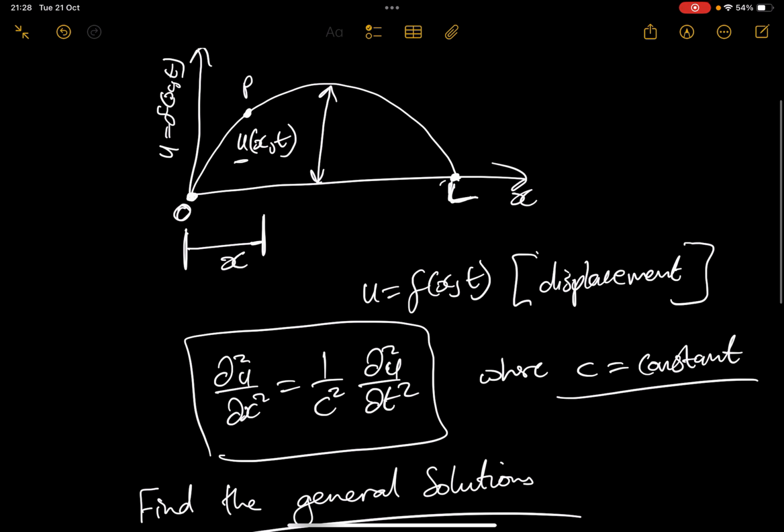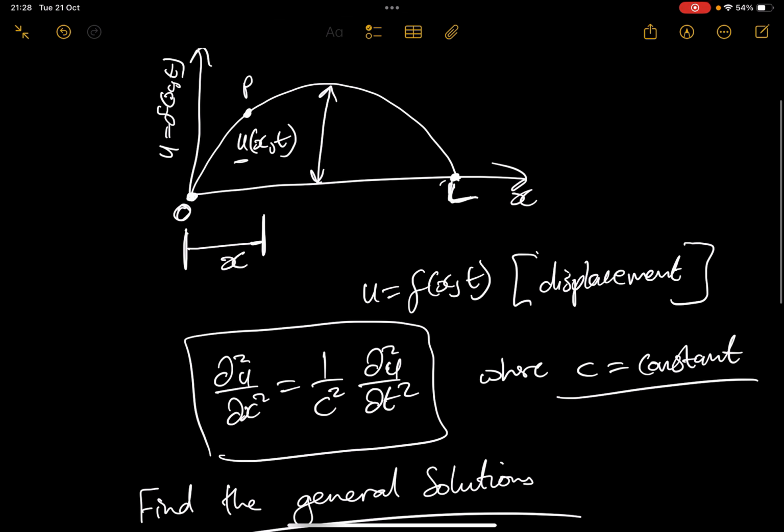So let's apply this. 0 is equal to a, with x as 0, so e to the power 0, plus b e to the power 0, and then we're going to have c e to the power cpt plus d e to the power minus cpt. If we simplify this, 0 is equal to a plus b, times c e to the power cpt plus d e to the power minus cpt.